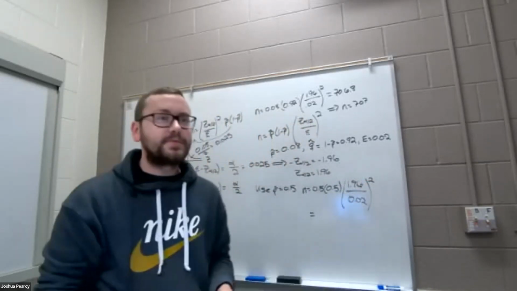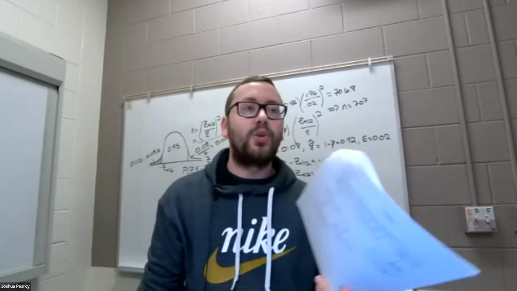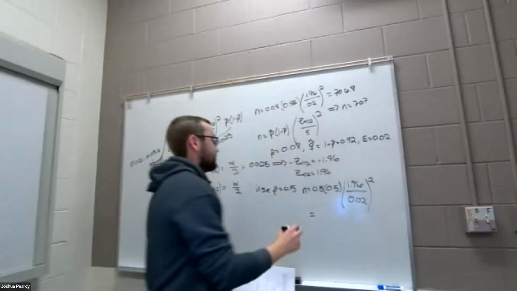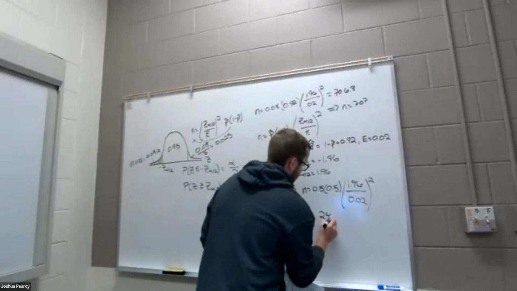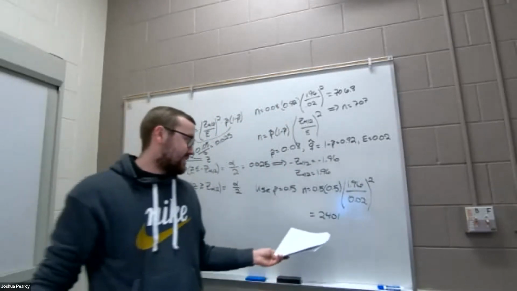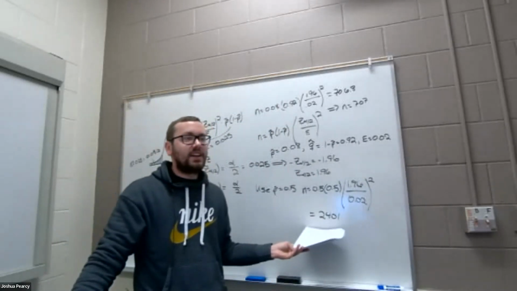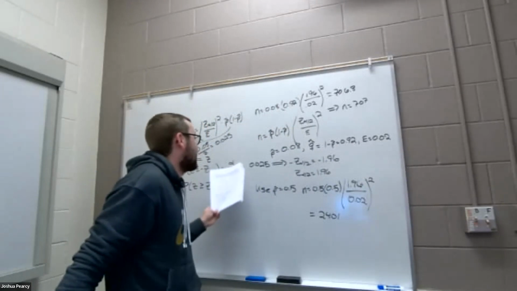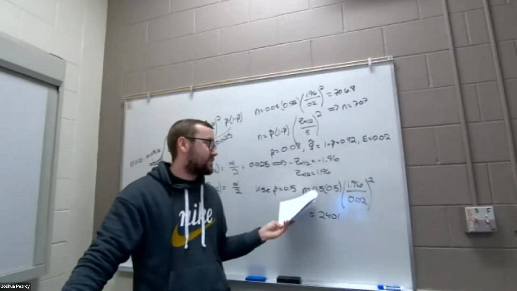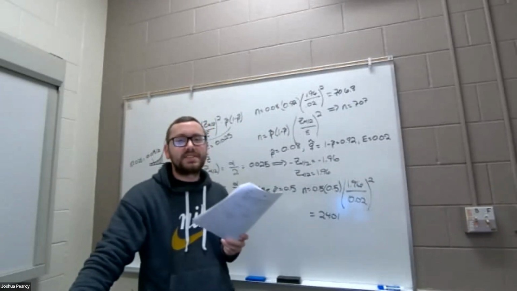And what do you get? You get something a lot larger. Notice that this sample size is a lot larger than the previous one. So indeed, whenever p hat is 0.5, it does maximize the sample size.